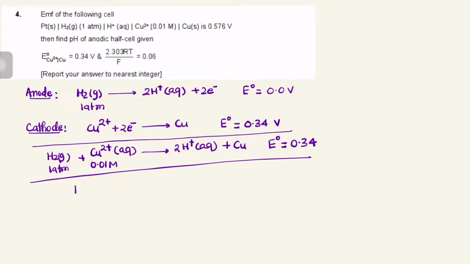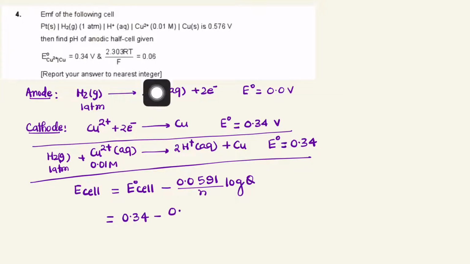Now the Nernst equation is what? E cell equal to E cell naught minus 0.0591 by n, log Q. Now E cell naught is 0.34 minus 0.0591, and they have already given that we have to take this value as 0.06, so we'll take 0.06.